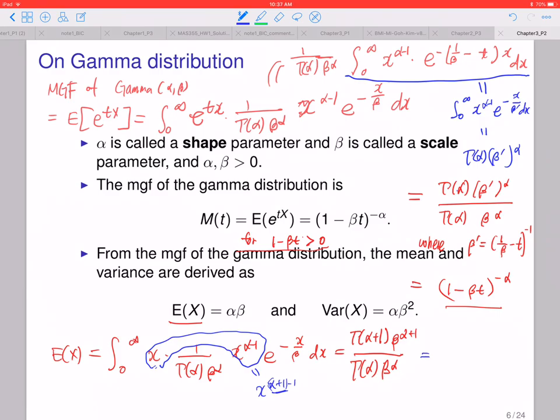That gives alpha over beta, which is the expectation.